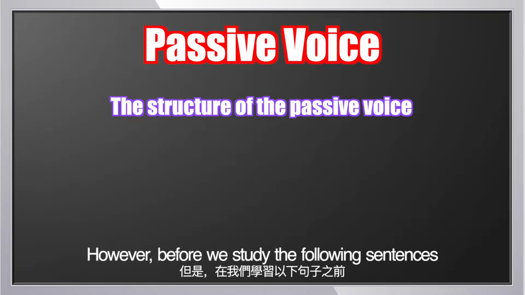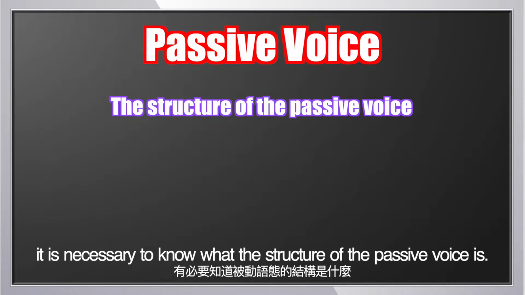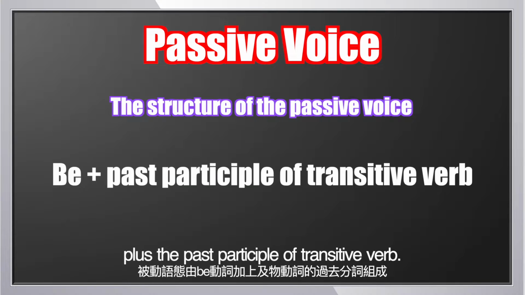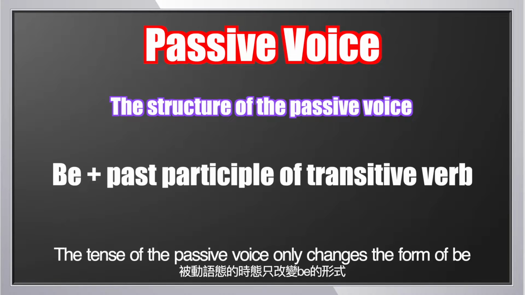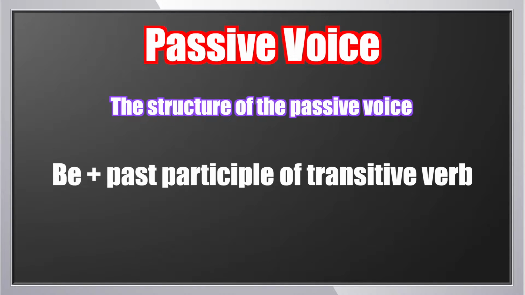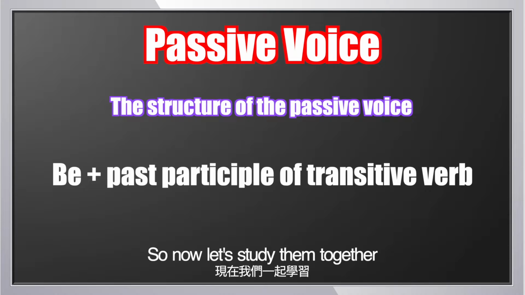However, before we study the following sentences, it is necessary to know what the structure of the passive voice is. The passive voice consists of be verb plus past participle of transitive verb. The tense of the passive voice only changes the form of be, leaving the past participle unchanged. So now, let's study them together.